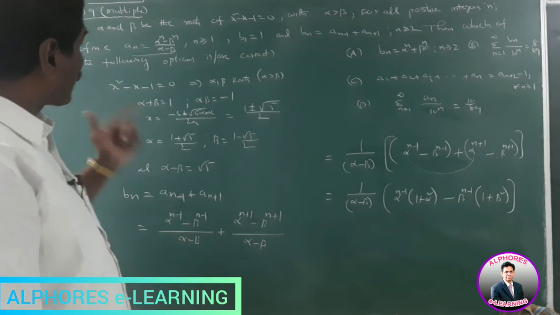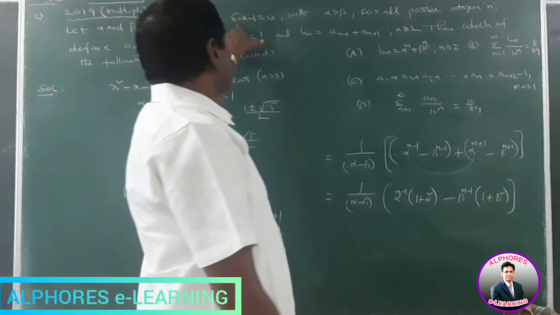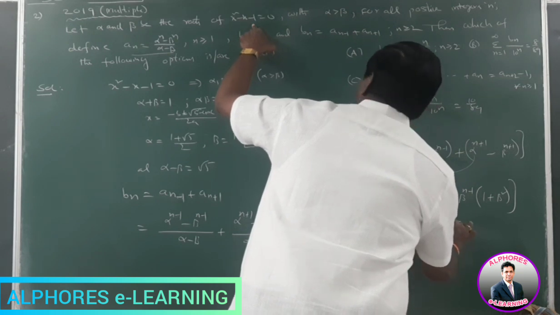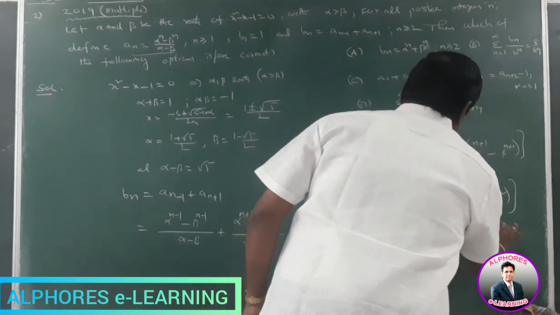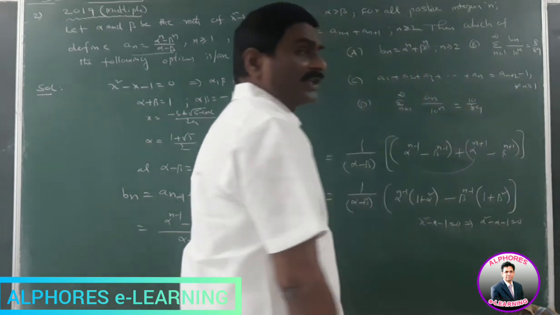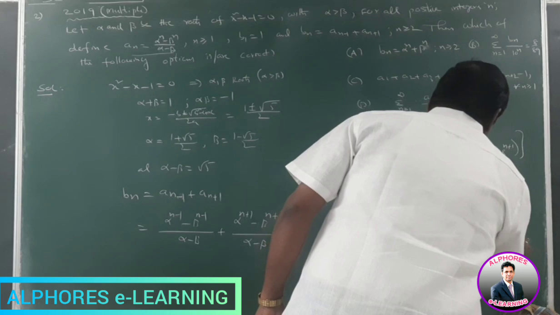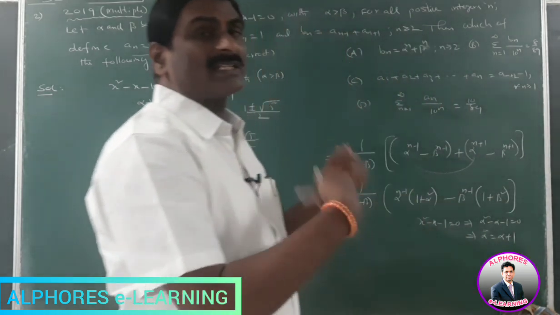But from the given, alpha is one of the roots of x square minus x minus 1 is equal to 0. That means alpha square minus alpha minus 1 is equal to 0. That means alpha square is equal to alpha plus 1. Similarly, beta square is equal to beta plus 1.